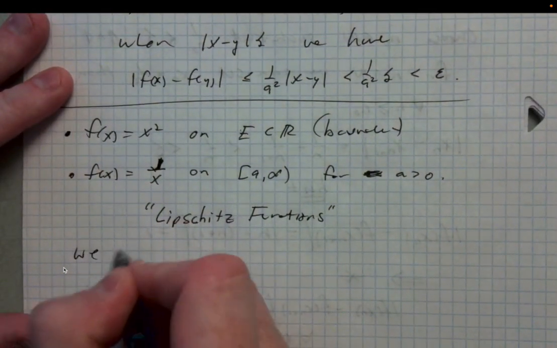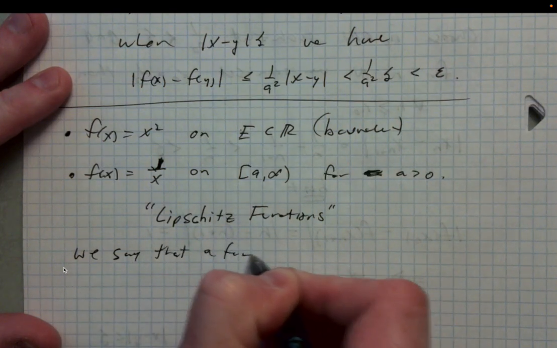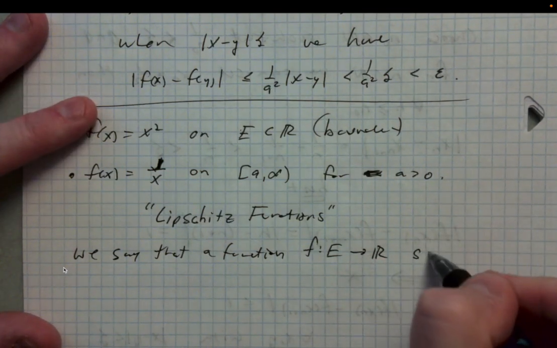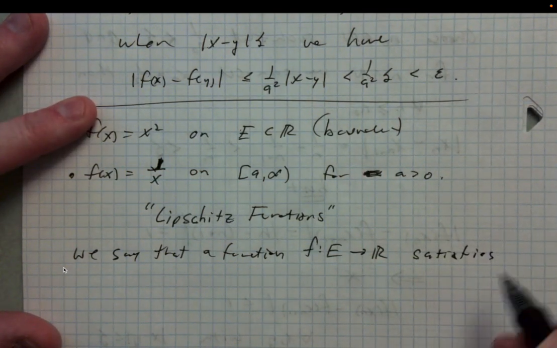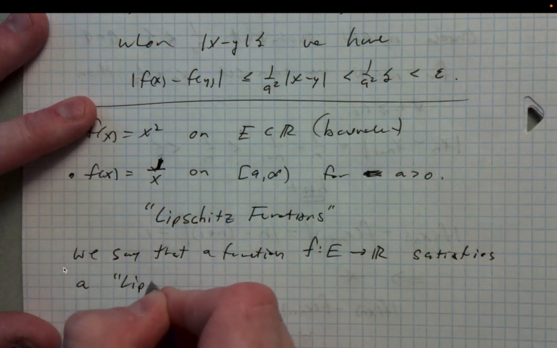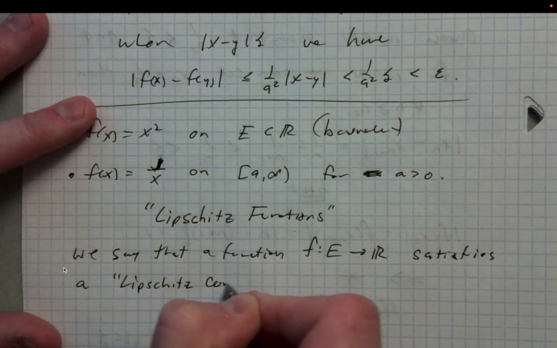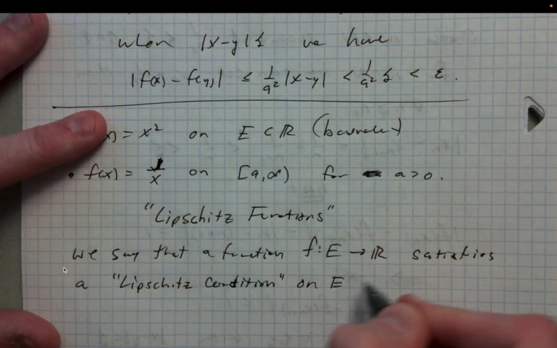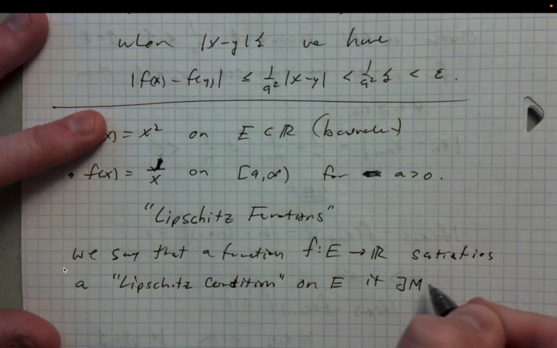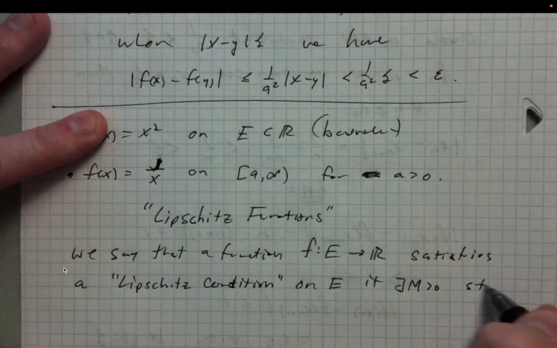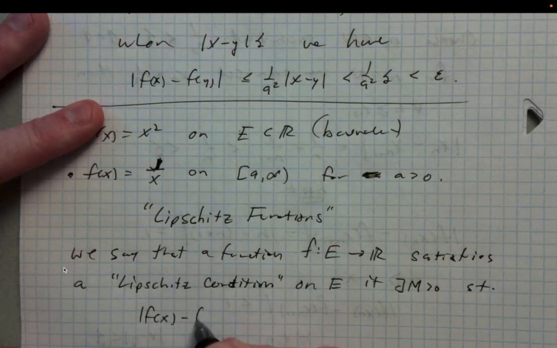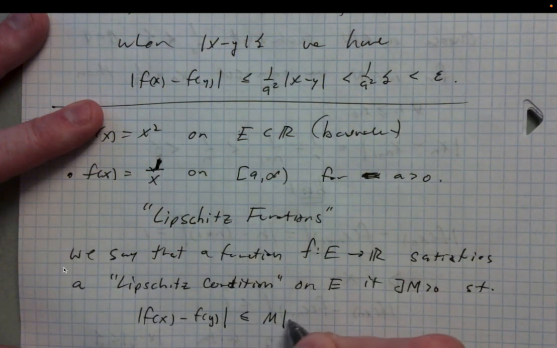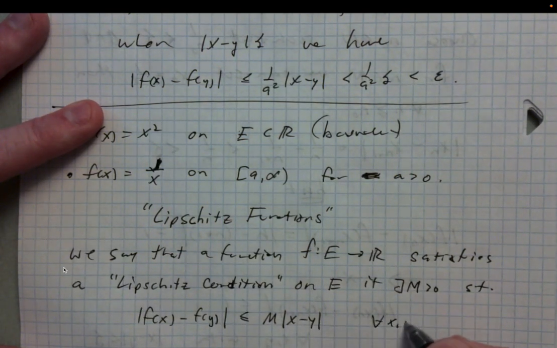Well, we say that a function f from E to R satisfies a Lipschitz condition on E if there exists some positive constant M such that |f(x) minus f(y)| is less than or equal to M times |x minus y| for all x, y in E, right?